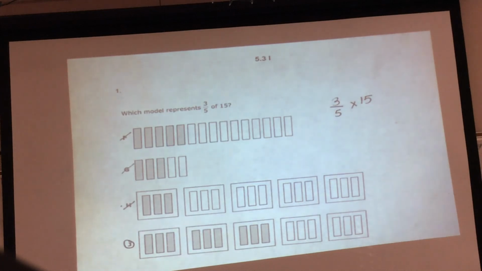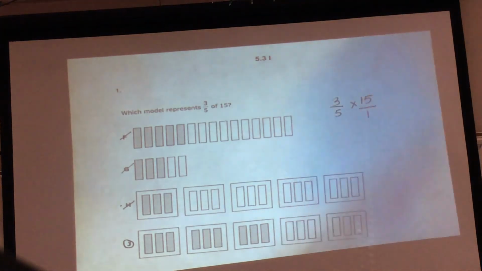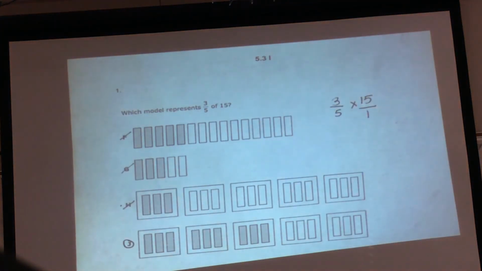What have we done on the last 2 problems? Help him out, Zoe. Got a 1 on the bottom. I'm going to put a 1 here. You have to know how to make whole numbers fractions for this unit. You need multiplication and division.